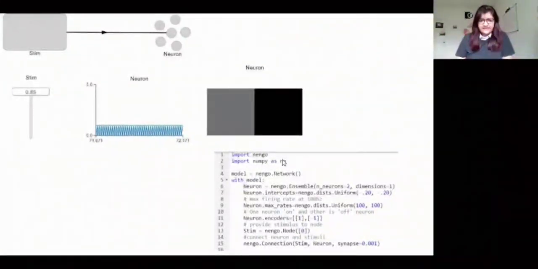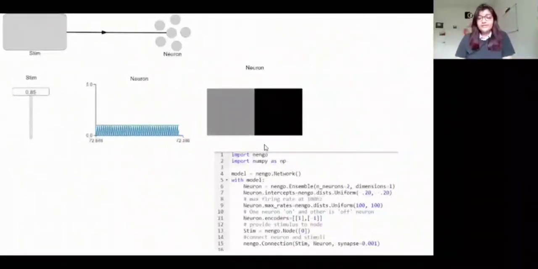If you see this code, there is a stimulus. The stimulus will provide some kind of input to our neuron. This is the built-in example by Nengo, and thanks to them, they have designed such a user-friendly model, I would say. It's easy to code.